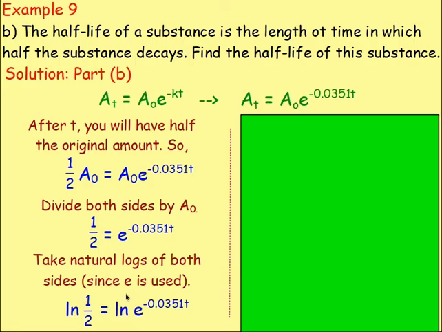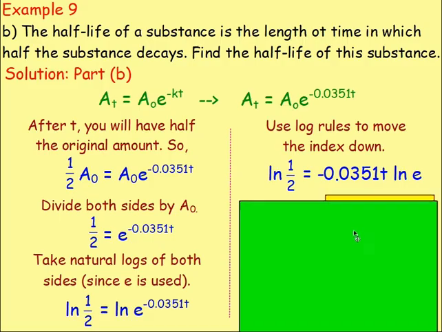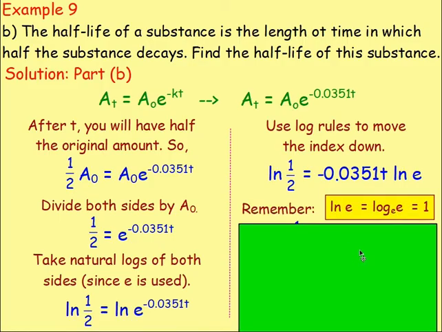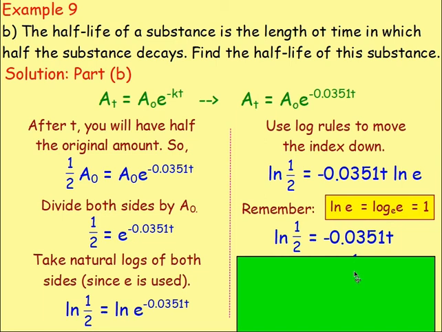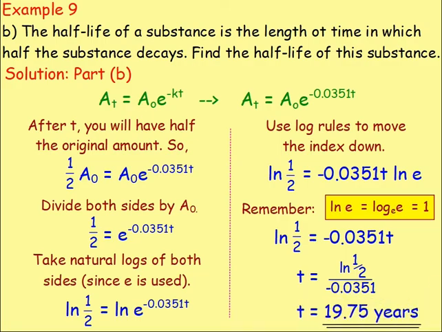The whole point in doing that is you can move the index down using log rules, so ln 1/2 will stay as it is, and we can bring that negative 0.0351t down in front of ln e. ln e is equal to 1, so you can replace that with 1, leaving you with ln 1/2 equals negative 0.0351t. To get t on its own, you divide both sides by negative 0.0351. If you work that out, that will give you, to a couple of decimal places, 19.75 years.